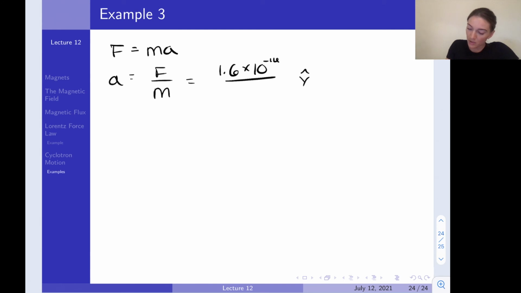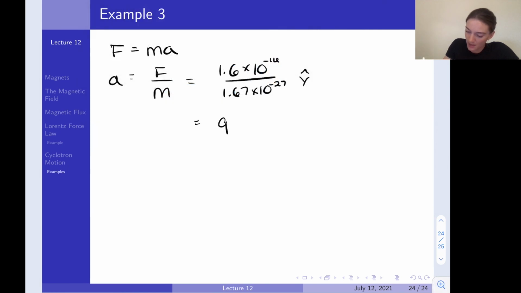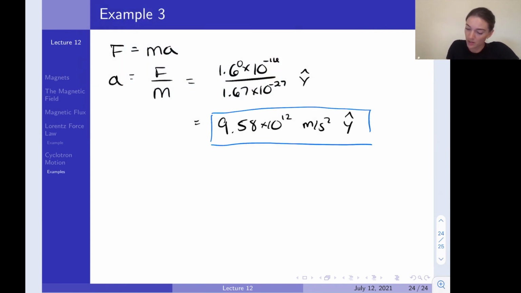And then the mass of a proton is, I always forget, 1.6 times 10 to the negative 27. So you can just divide this out, and this comes out to 9.58 times 10 to the 12. Obviously, I'm being a little careless with my significant figures, but that's okay. And this is meters per second squared in the y hat. So this is our acceleration now. Remember, acceleration is a vector, so it has a direction.